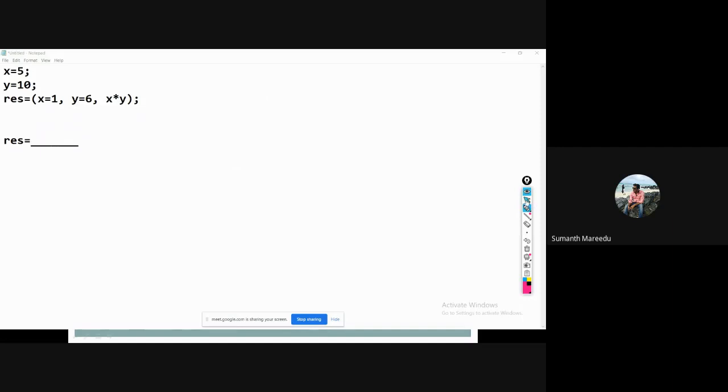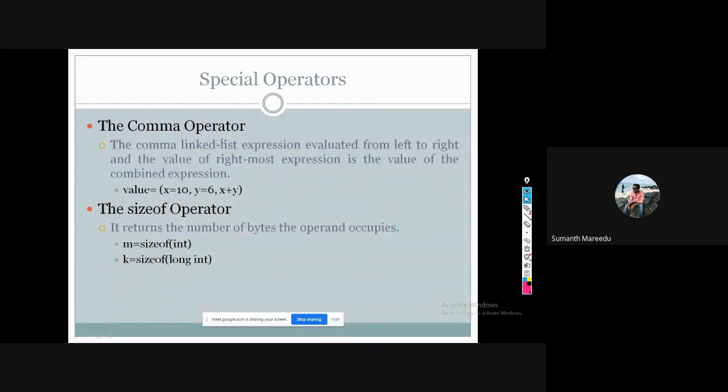So this is one special operator, the comma operator, and we have one other operator, that is the sizeof operator. We do not use this frequently, but in some cases we use it. Sizeof is an operator which will give you the number of bytes that are occupied in your memory for any data type, for any variable.